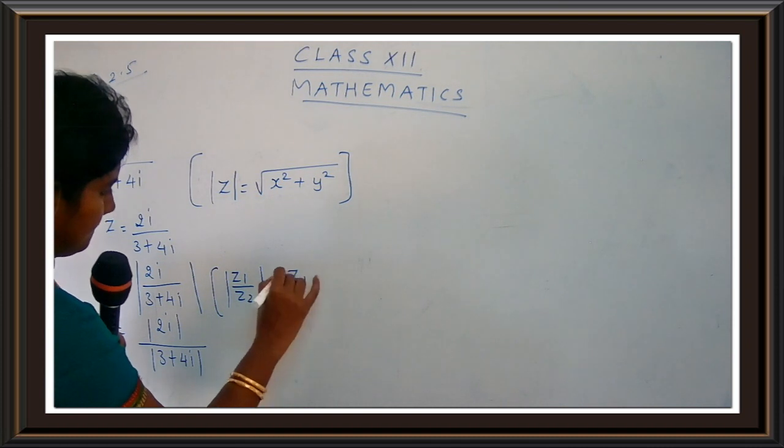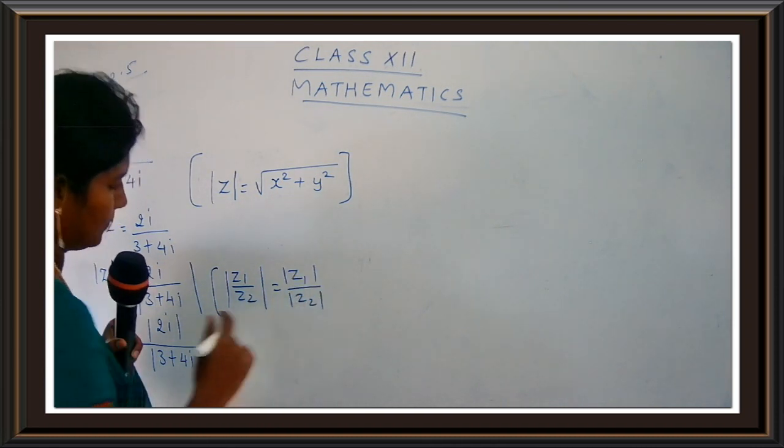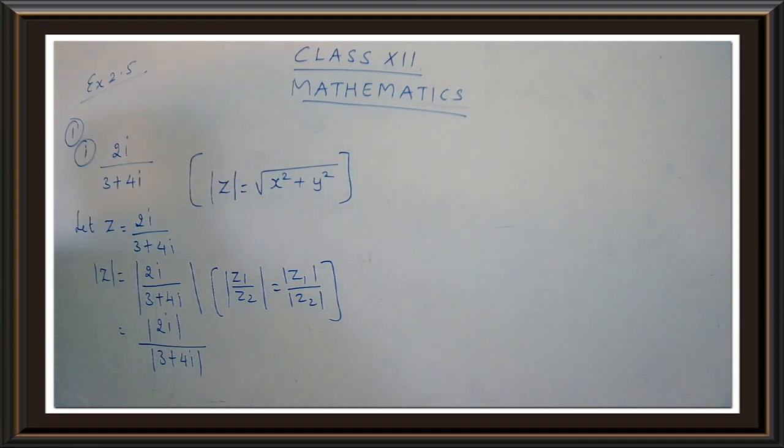So we are using this property: modulus z1 upon z2 is equal to modulus z1 upon modulus z2. Okay children, now we know how to find out the answer. Let's go for the answer.